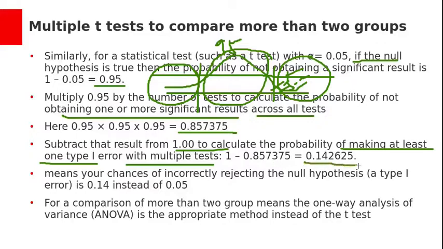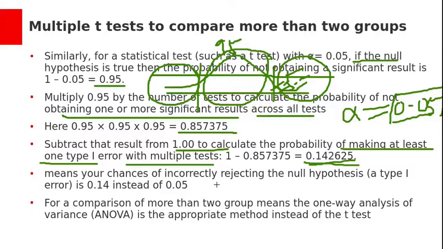The result is 0.14. Actually, we want an alpha level of 0.05, which we use in each individual test. But when we apply multiple tests, the cumulative error level is 0.14, which is far higher than 0.05.